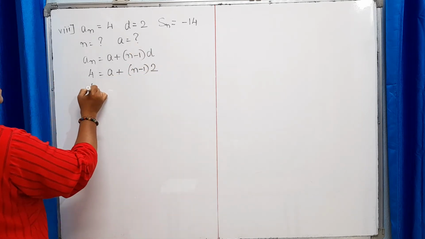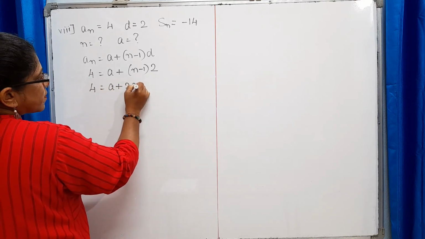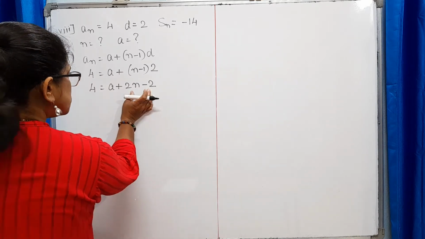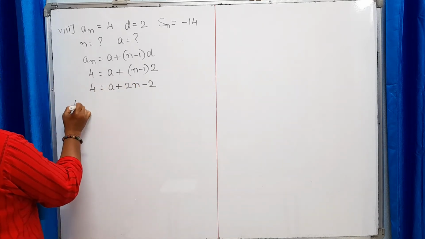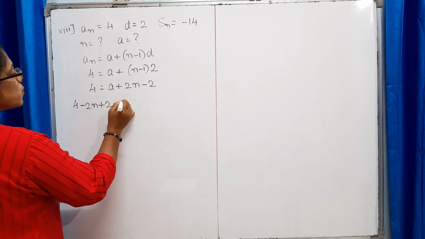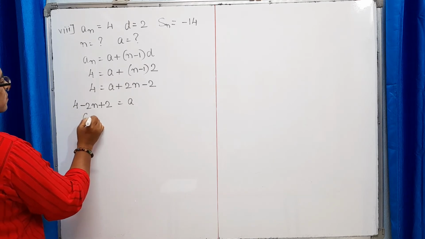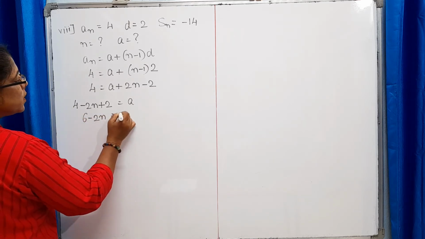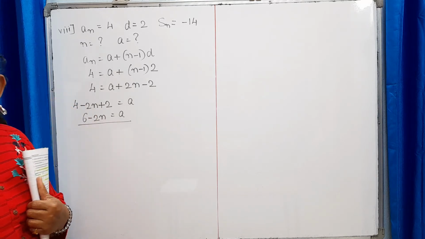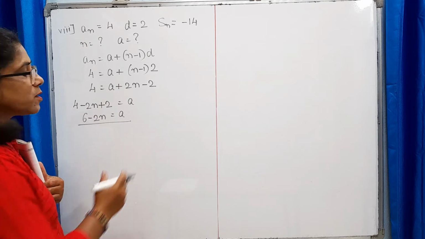Let us solve this. 4 is equal to a plus 2n minus 2. Now I will take these two terms on this side. 4 minus 2n plus 2 is equal to a. 4 plus 2 is 6. 6 minus 2n is equal to a. Okay, means a is equal to 6 minus 2n. This we are going to use in our further solving.